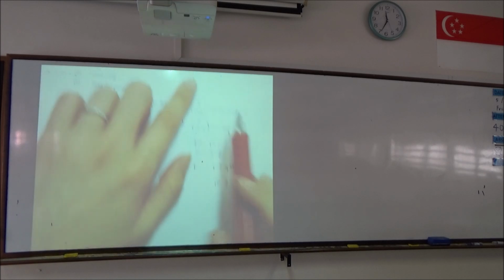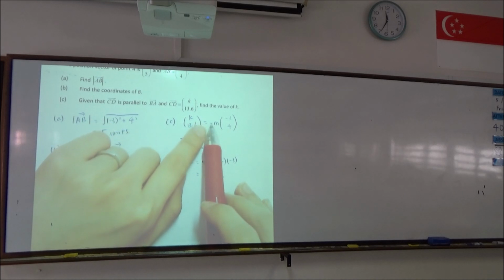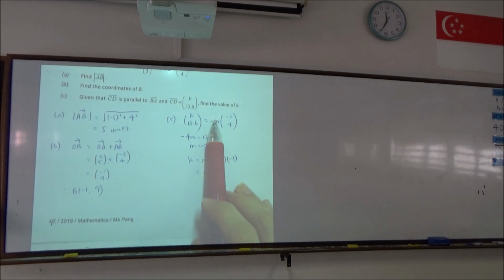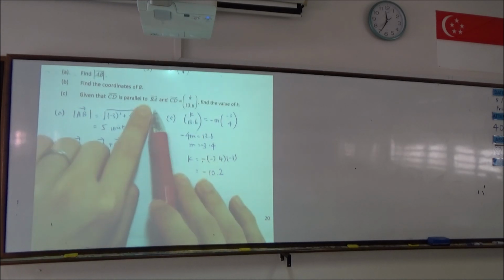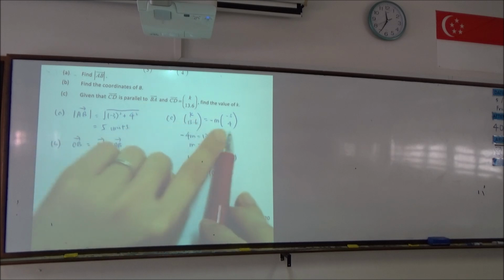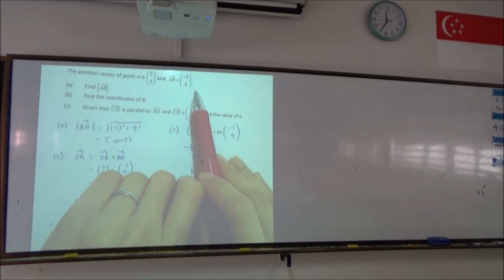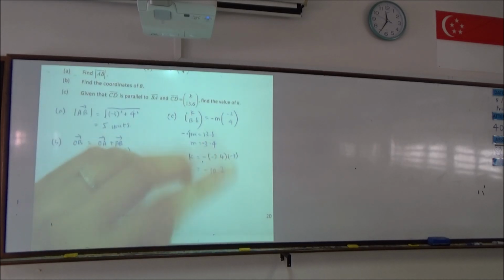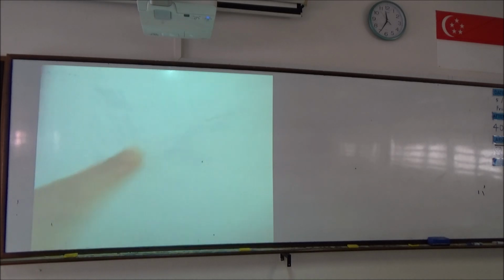Okay, at the start, I will change AB to BA first. If you want to put a negative sign, you must put a negative sign. You cannot say that the m will take care of itself. It must be consistent with what the question says, that CD is parallel to BA. BA is the negative of this vector. The direction must be considered.